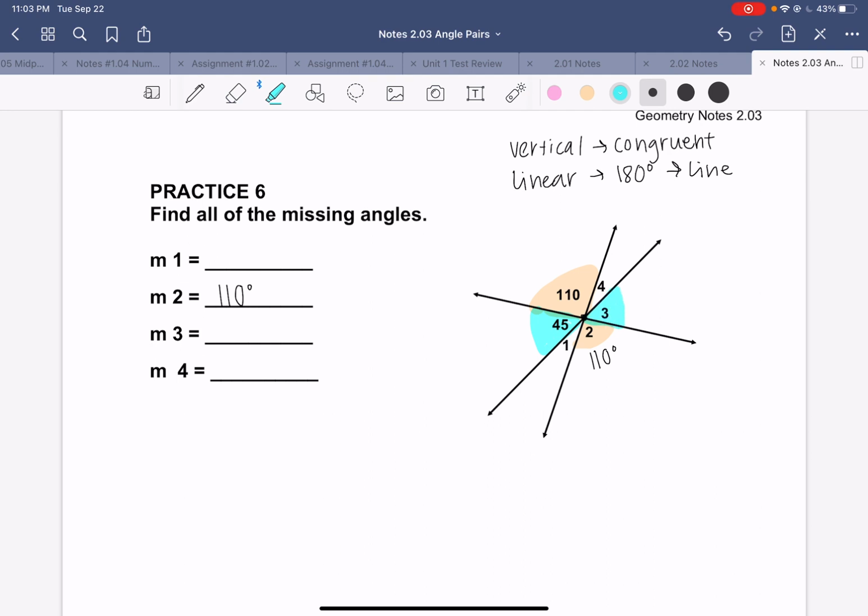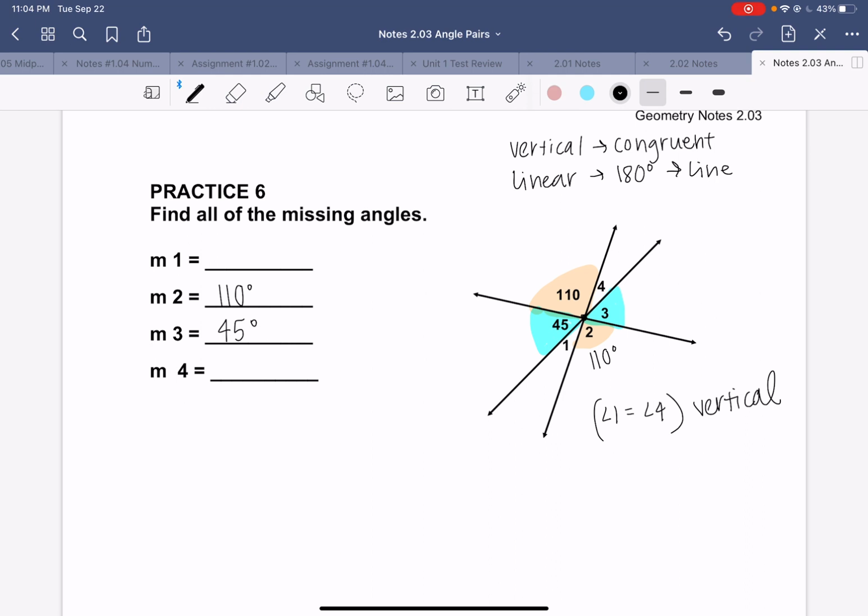Angle 3 is the vertical angle to 45, so because they're vertical angles, angle 3 is also 45 degrees. Now we still have to find angle 4 and angle 1. Easy. We find one of them, we find the other one, because angle 1 and angle 4 are vertical angles.